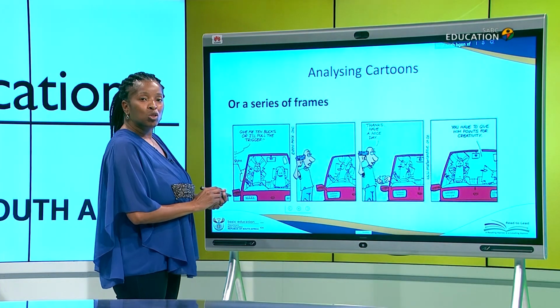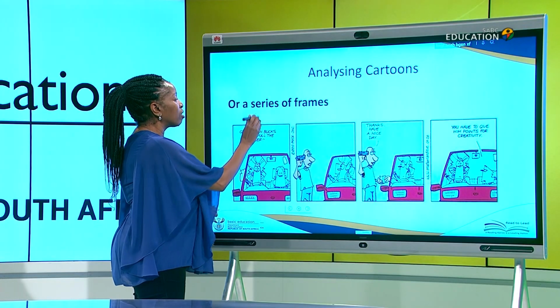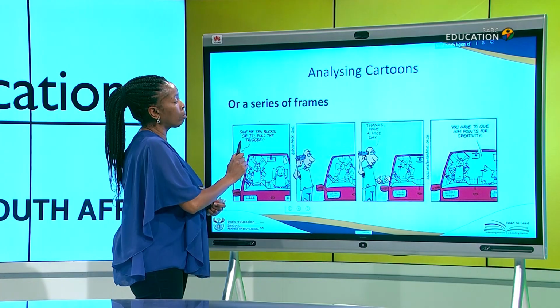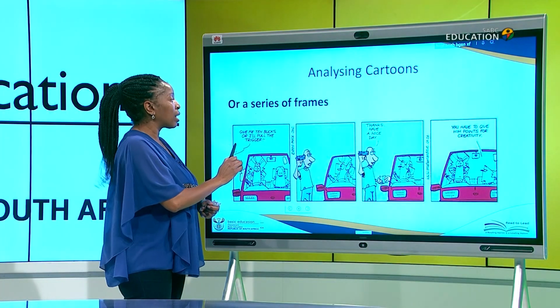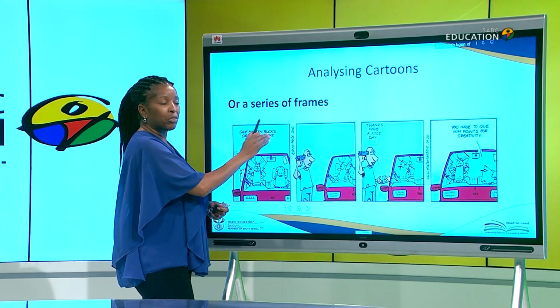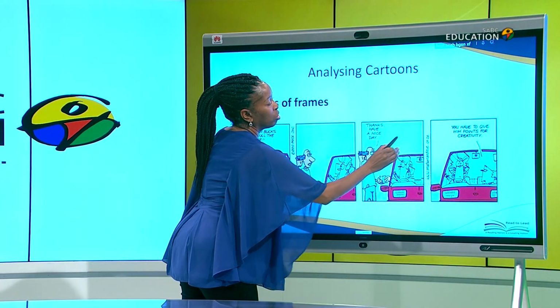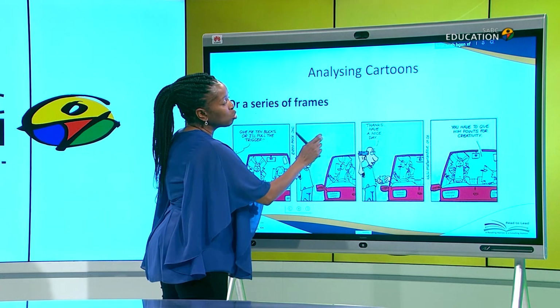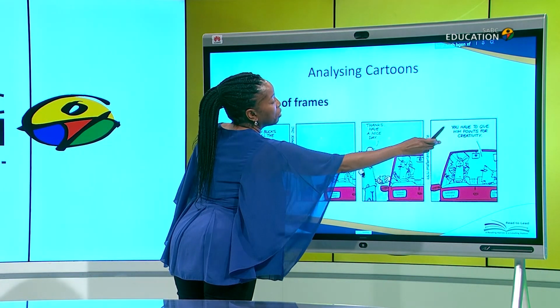Remember that I've already told you in the examination, the examiner will actually give these frames each a number. This will be called frame 1, frame 2, frame 3, frame 4.